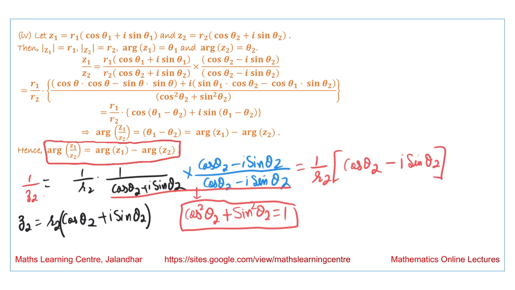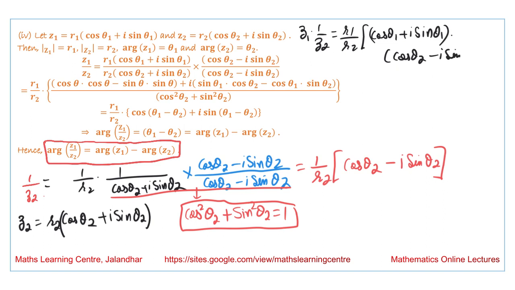So in this problem we are going to solve z1 into 1 by z2. That will be equal to r1 by r2 into cos theta 1 plus iota sin theta 1 into cos theta 2 minus iota sin theta 2.